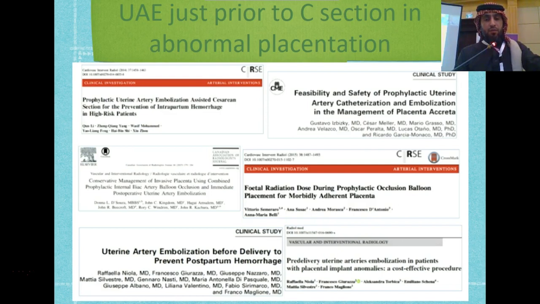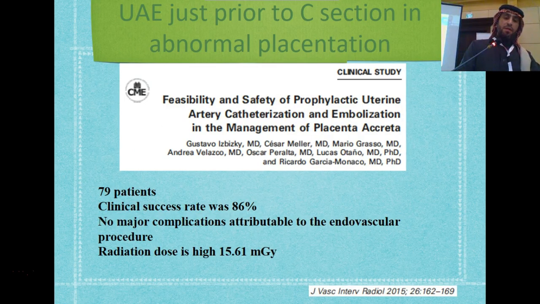The other concept which came up in the medical literature is uterine artery embolization. A few articles came up on uterine artery embolization prior to C-section for abnormal placentation. There is a study published in the JVIR, the Journal of Vascular and Interventional Radiology, in 2015.